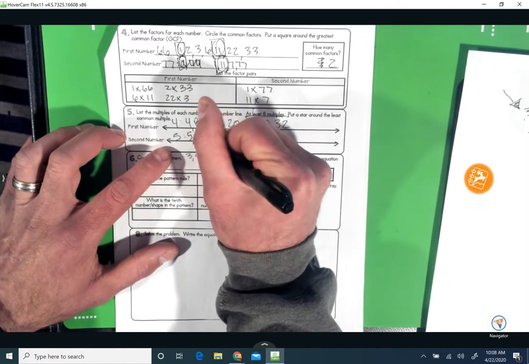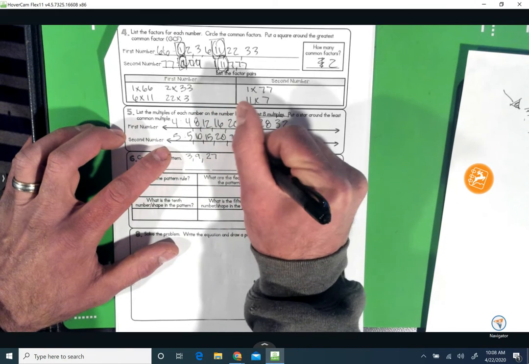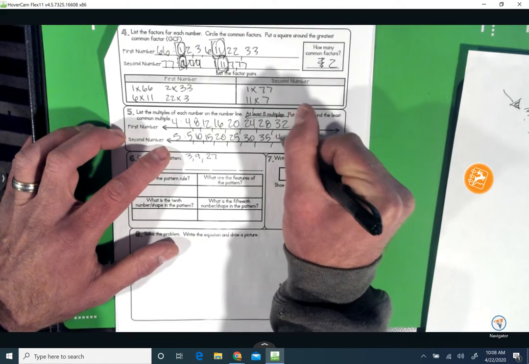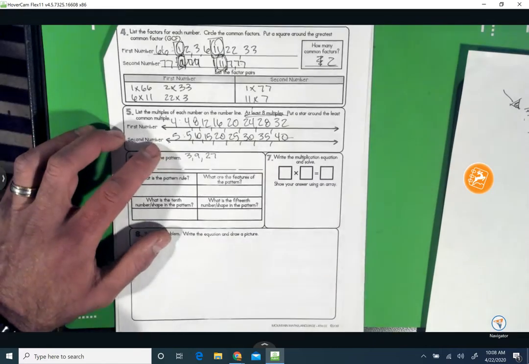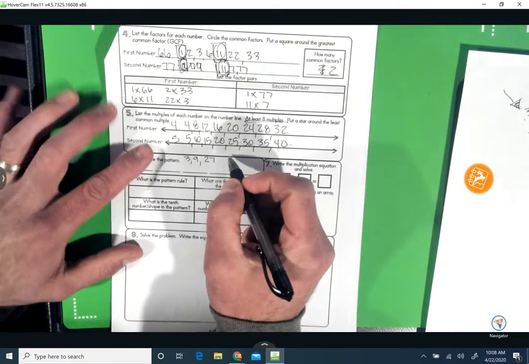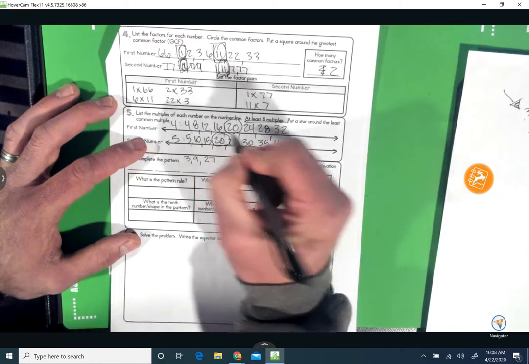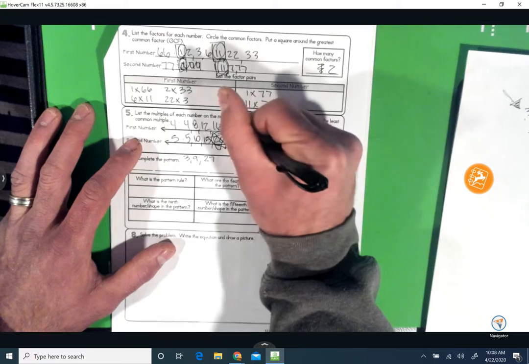Then we have 5, 10, 15, 20, 25, 30, 35, and 40. 5 times 8 is 40. I know I've listed 8 multiples. 20 is going to be the smallest multiple that 4 and 5 have in common. So we can put a little starry star around that.